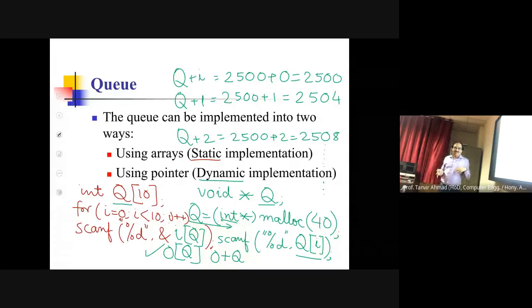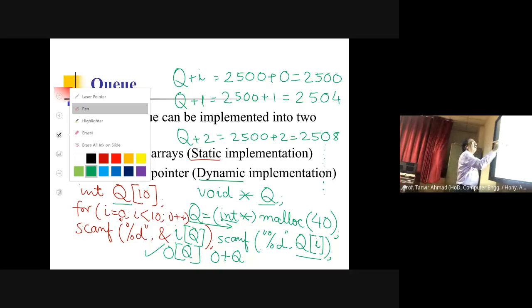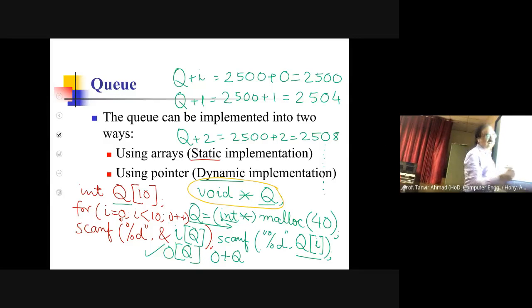Now that's a very important thing: in a program you might declare q as a pointer, but use it as an array.